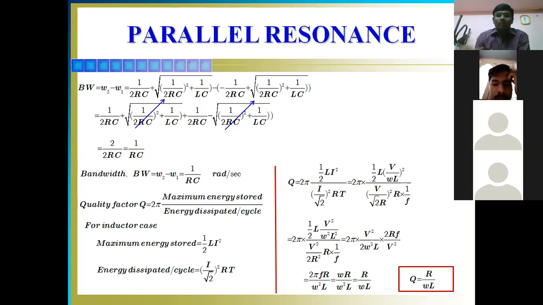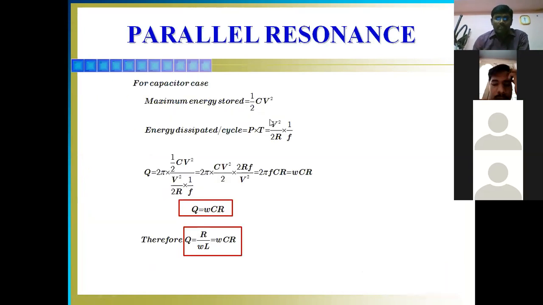Suppose you come to the capacitor case. For the capacitor, the maximum energy stored is equal to half C V square, and the energy dissipated per cycle is equal to P into T, which is V square by 2R into 1 by F. Because V is the RMS value, V by root 2, V by root 2 square is equal to V square by 2.